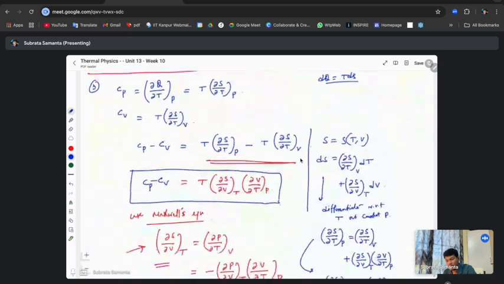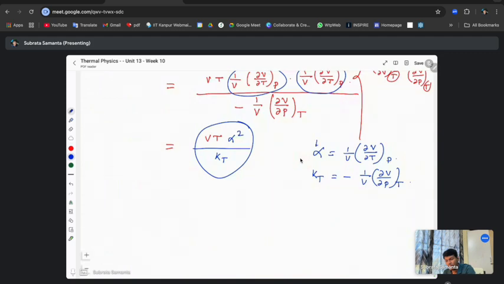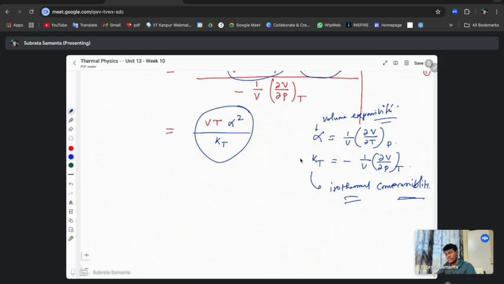I already told you that alpha is the volume expansivity, and Kt is the isothermal compressibility.